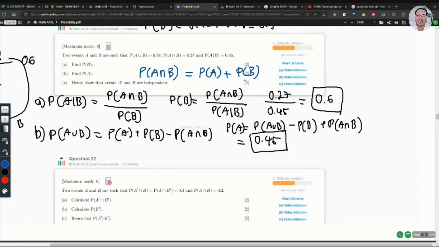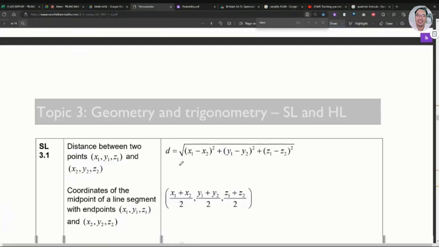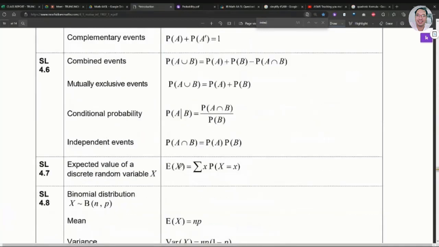So we're trying to say that. Wait, sorry. That is A or B. Independent means... oh no, A or B is mutually exclusive, or you can look back at the formula sheet. For independent events, the prob A and B is the product, not the sum.